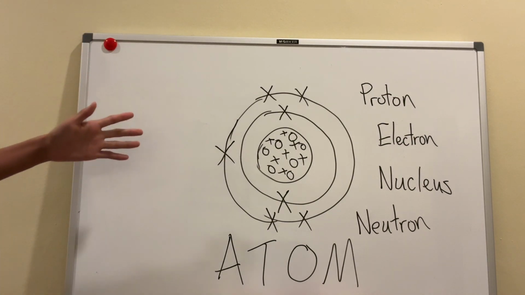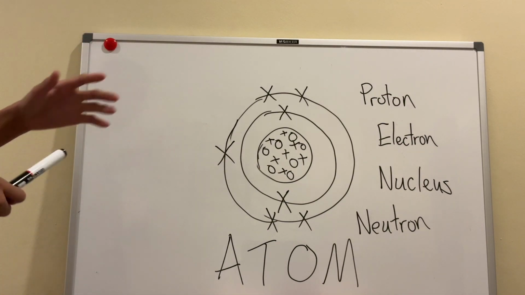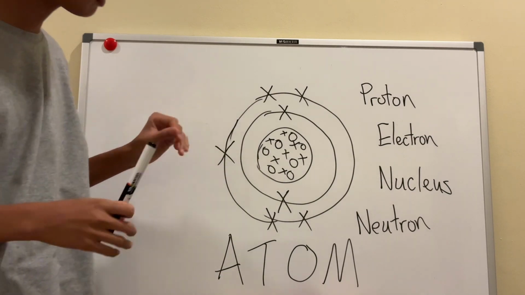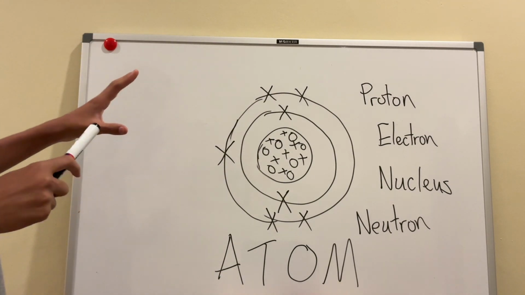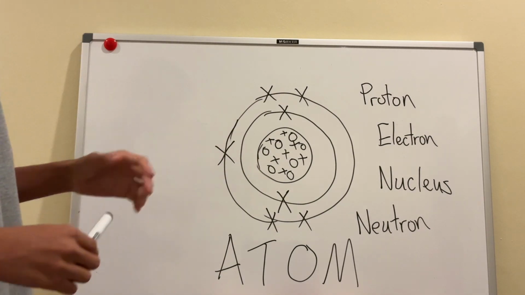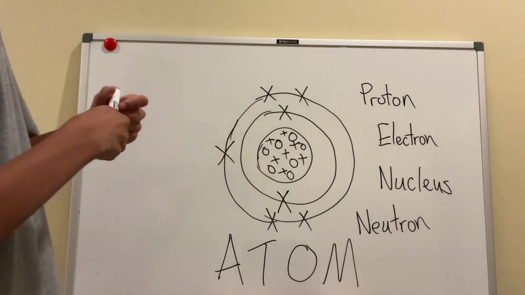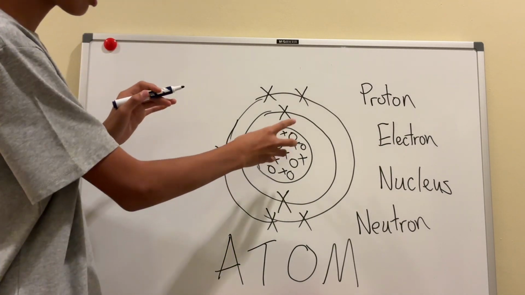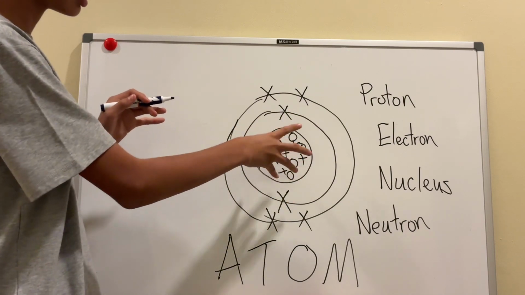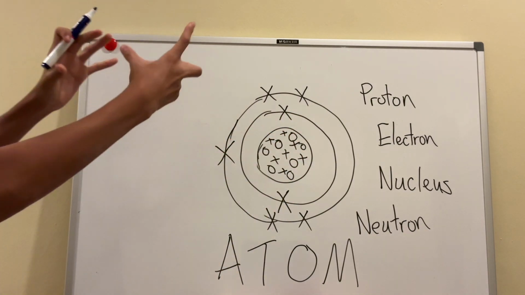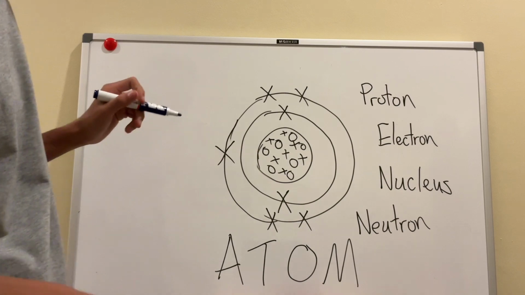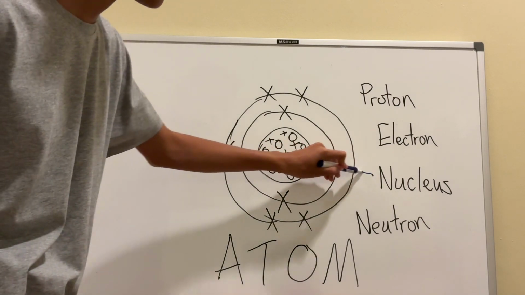So within an atom, we have got all sorts of different things. It might look complicated at first, but when we deep dive into it, it's fairly simple. So in the centre, I've got this round middle. It's like the planet in the centre, and we call this the nucleus.